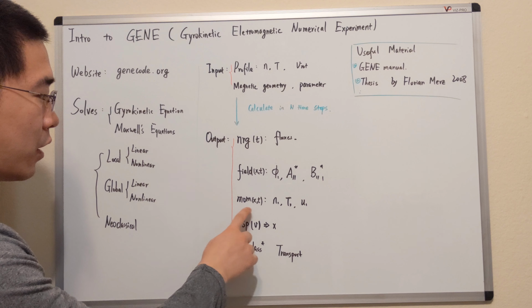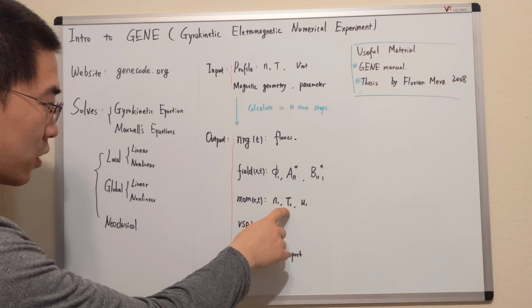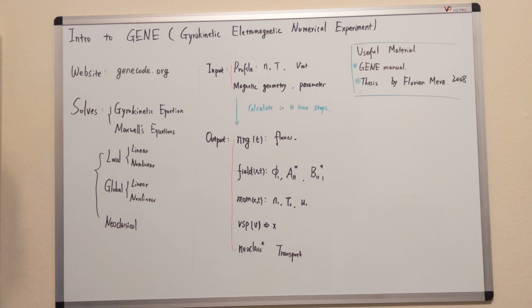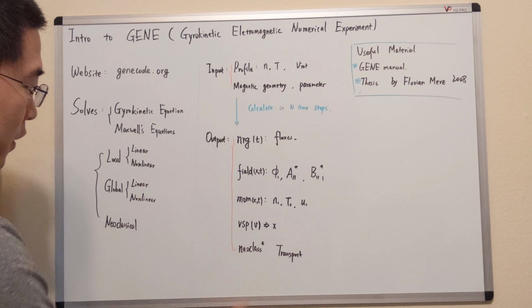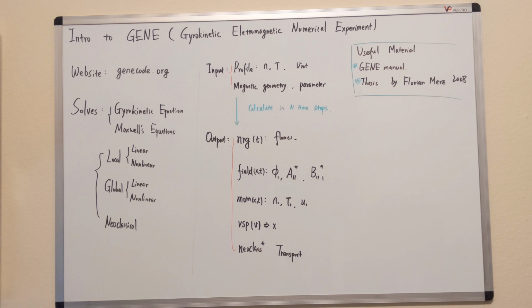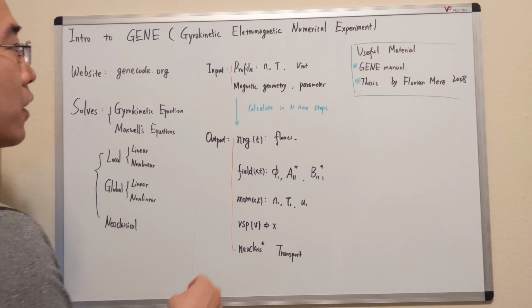The moment file has perturbed density, perturbed temperature, and perturbed velocity, and VSP is, as far as I know, basically a mapping from velocity space to real space. And the neoclass file is the transport that you need for the neoclassical simulation.